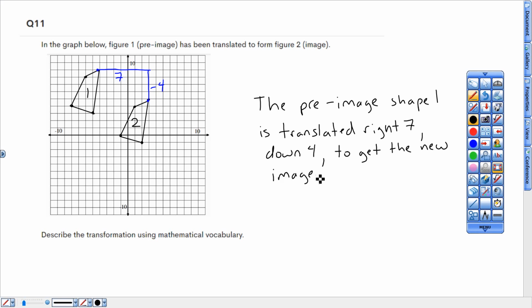So that's what I would write, something like that. Describe that motion going to the right 7, down 4. Use mathematical terms: translated, pre-image, image.